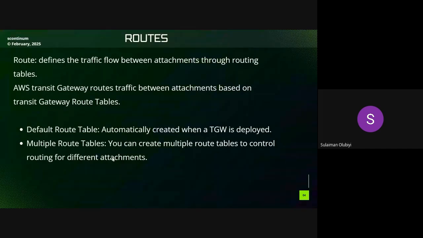Maybe I want site A to connect to site B in a different region. Maybe I want VPN B to connect to VPC A. Those kinds of specific connections based on your own choice and your own design, that's where you use multiple route table selection. We'll go through that practically.